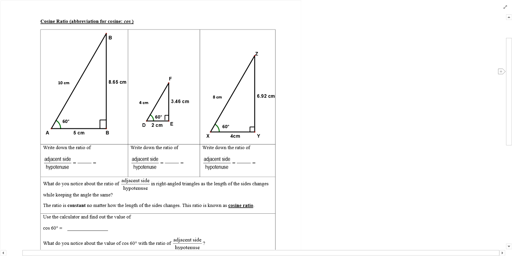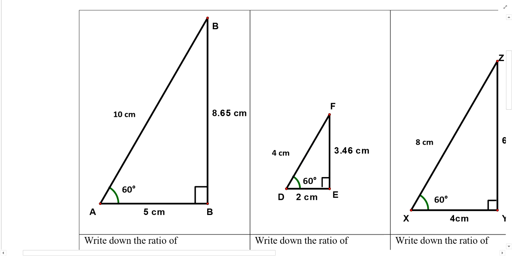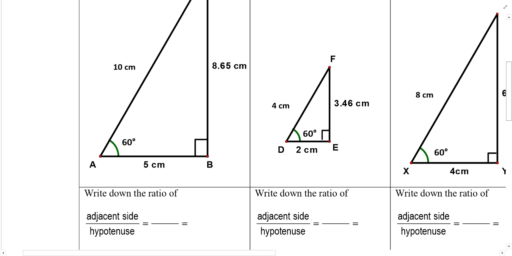Now, for the same triangle, we're going to find out other ratios because we are not restricted to just opposite over adjacent. These are the same three triangles. Write down the ratio of adjacent over hypotenuse. So it's 5 over 10, which is half. 2 over 4, 4 over 8.